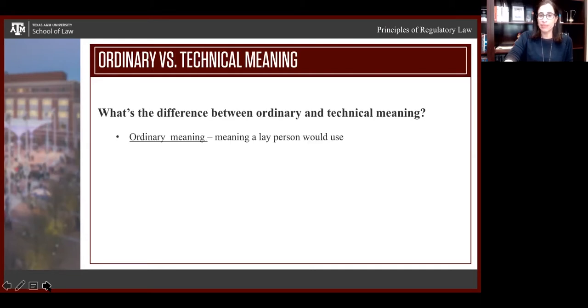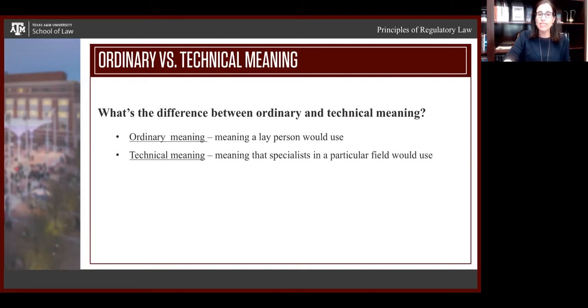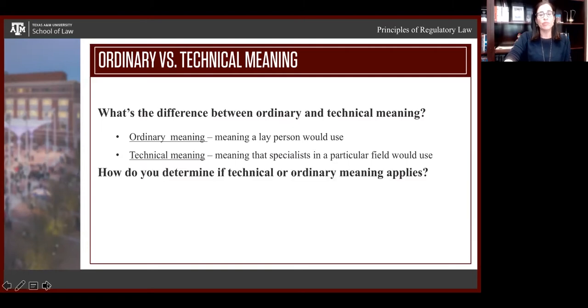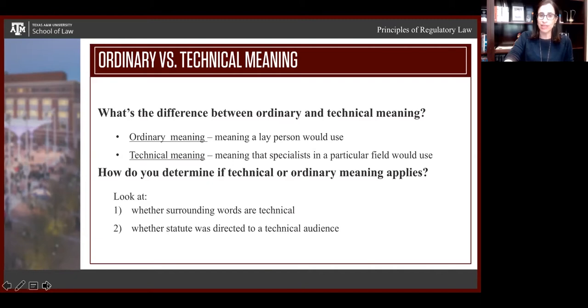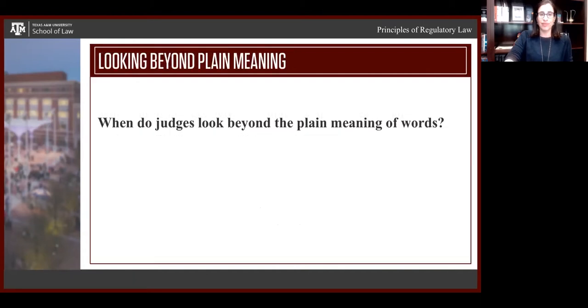Ordinary meaning is something a layperson would use, whereas technical meaning is the meaning that specialists in a certain field would use. And how do you determine which one applies? Well, you would look at whether the surrounding words are technical and whether the statute is actually directed at a technical audience.